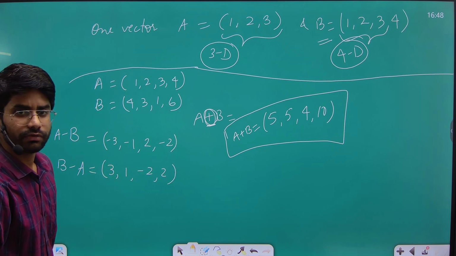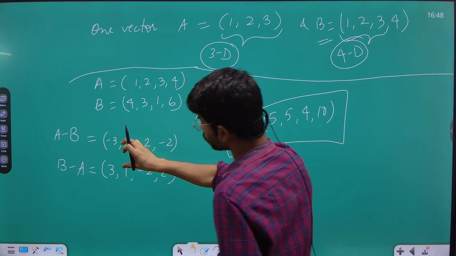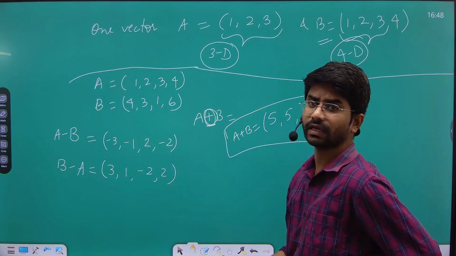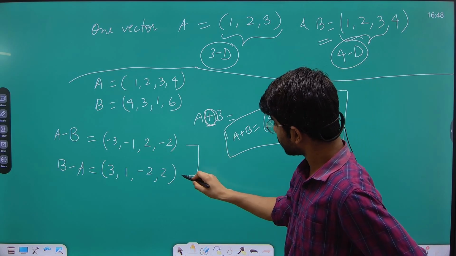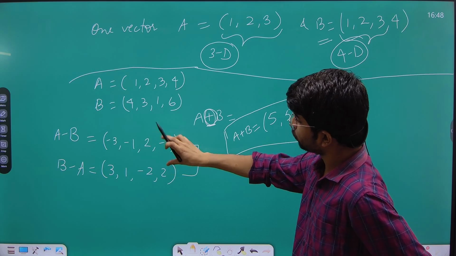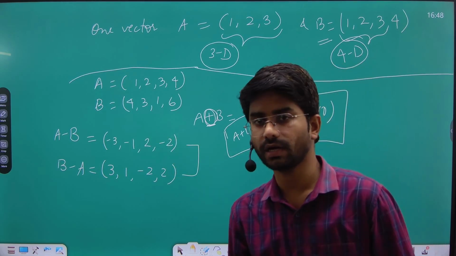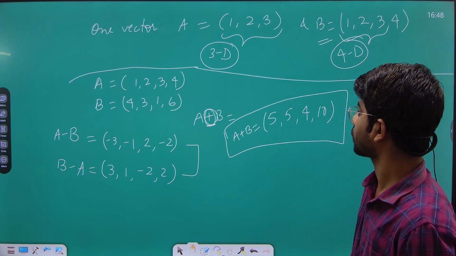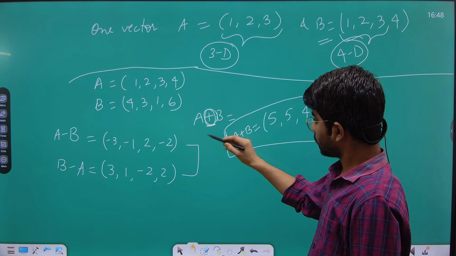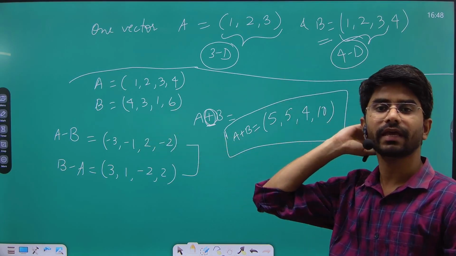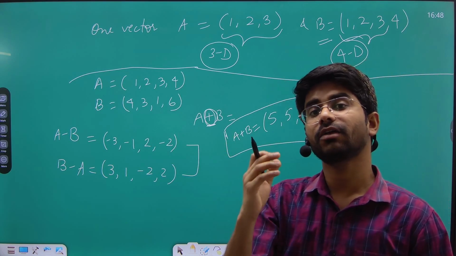If you look at these two differences, A minus B and B minus A, you see that these two resultant vectors are different. Why? Because A minus B and B minus A are not commutative.